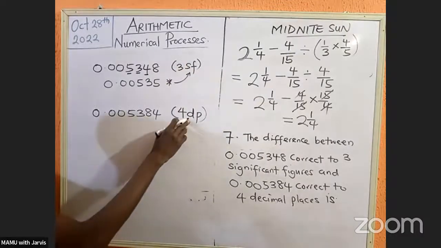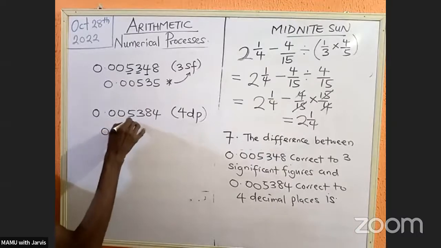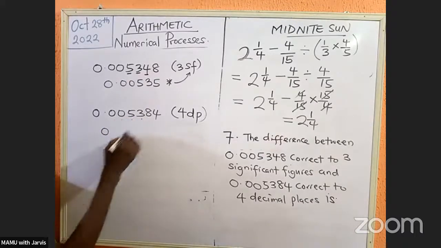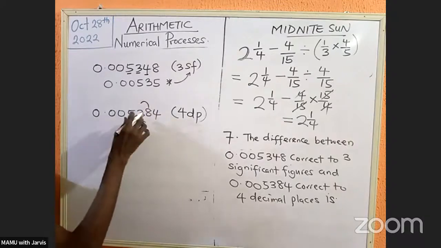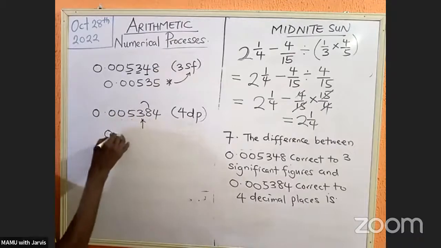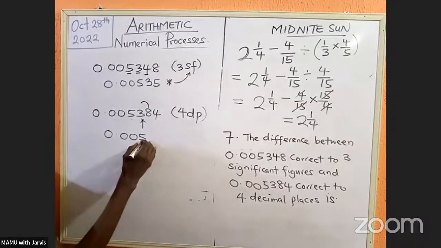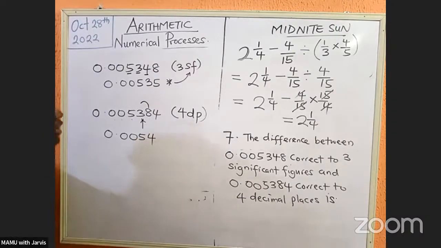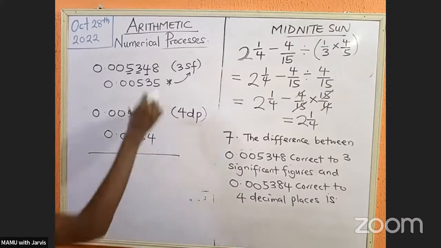Now, this one to 4 decimal places will be 0, 1, 2, 3, 4. Digit of interest, digit causing approximation is more than 5, so it will be 4. So this will be 0.0054. So we're going to subtract. This is bigger than this.